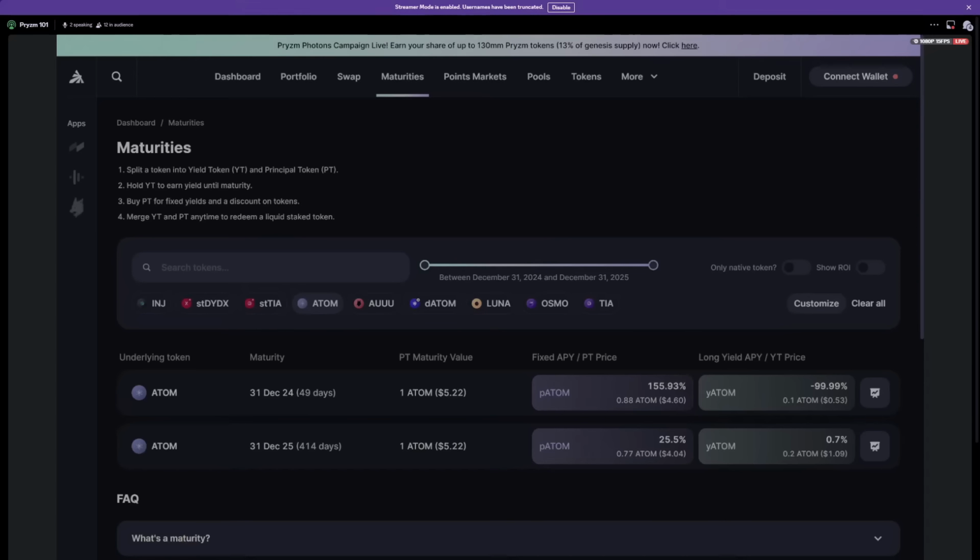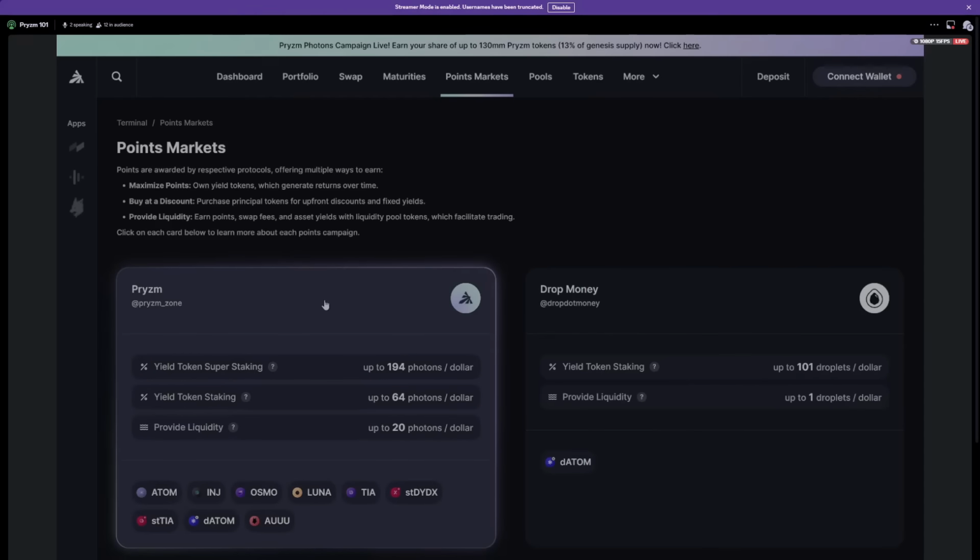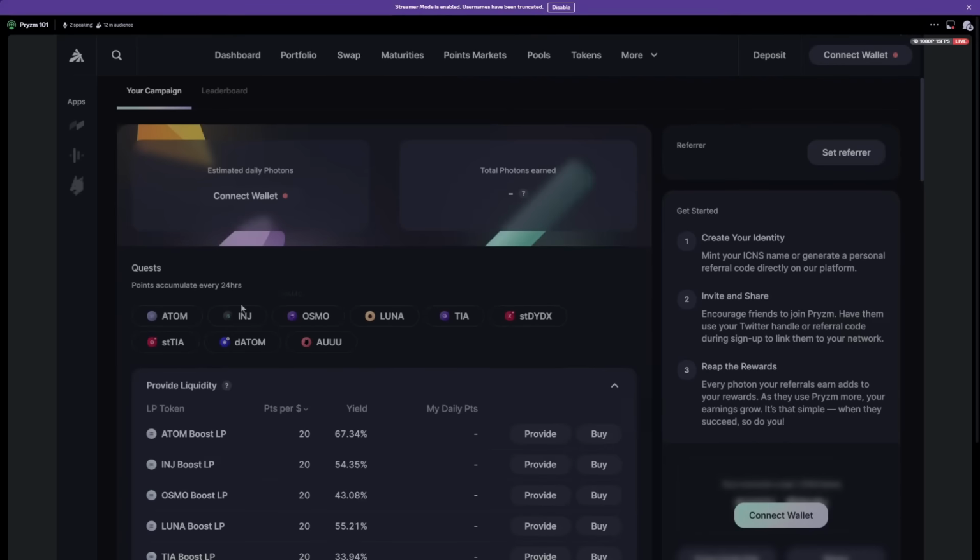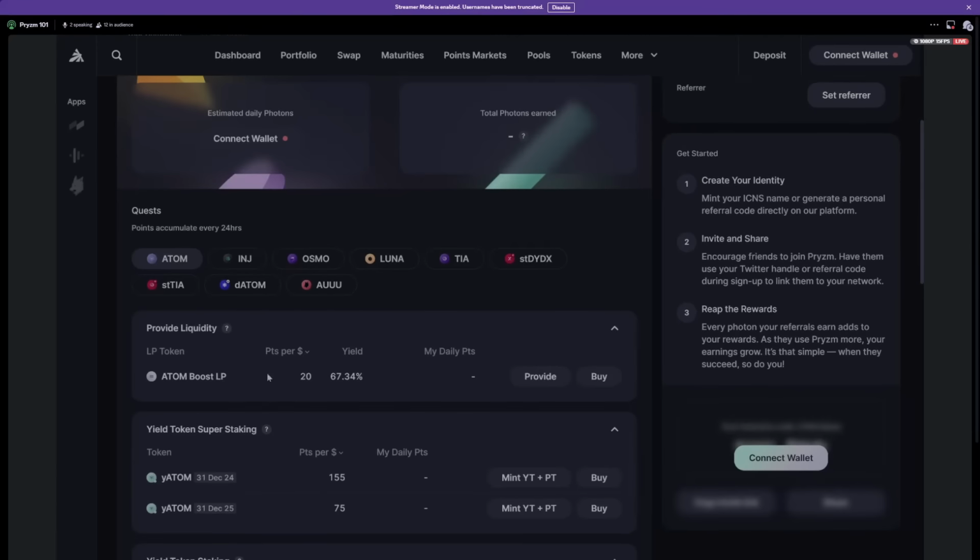And obviously, by using your ATOM here to either provide liquidity or mint yATOM and pATOM and stake the yATOM, you're also earning the Pryzm airdrop, which people on the Cosmos Hub aren't at the moment. Does that make sense?